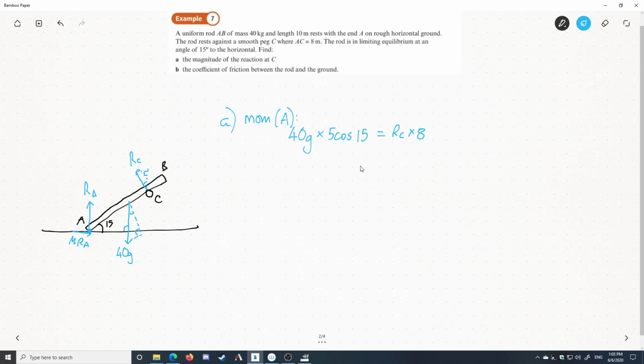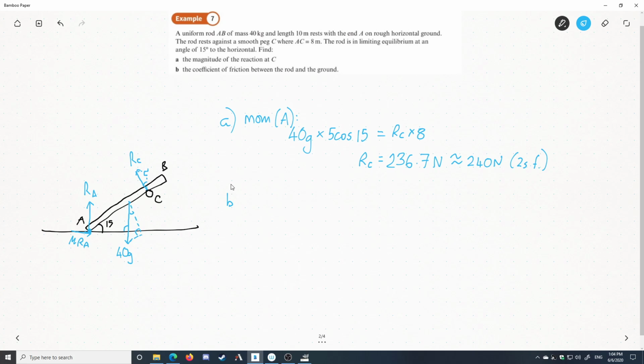And from here we can see that RC is just going to equal the left hand side of that equation divided by 8, which is 236.7 newtons. So 240 to two significant figures.